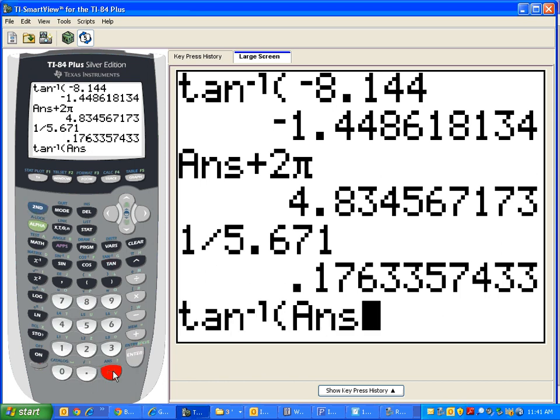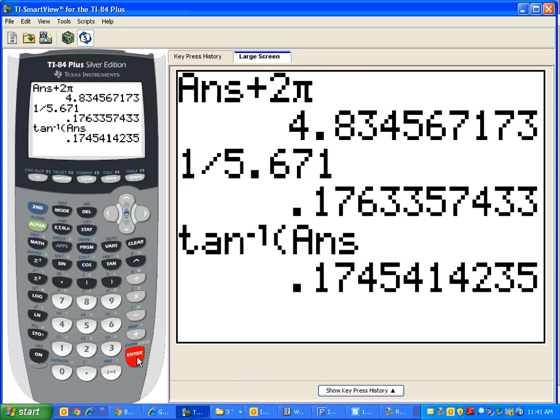We'll keep the rounding to a minimum. And we get about 0.175 radians for the first value of theta. So 0.17 is what that would round to. And you would do something similar for B. I'm going to let you try that one.